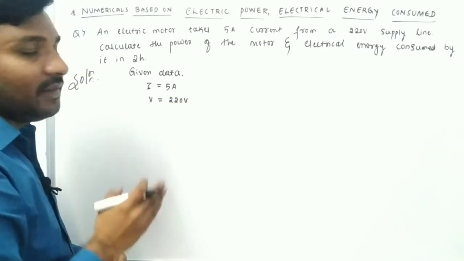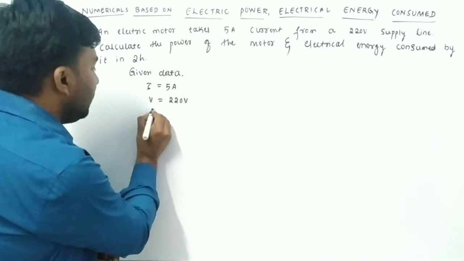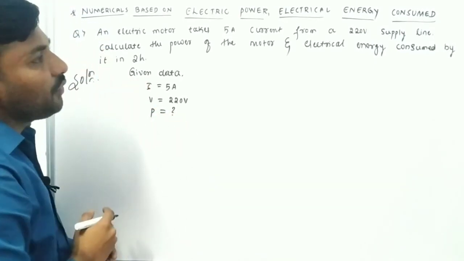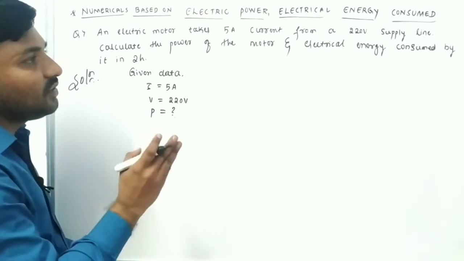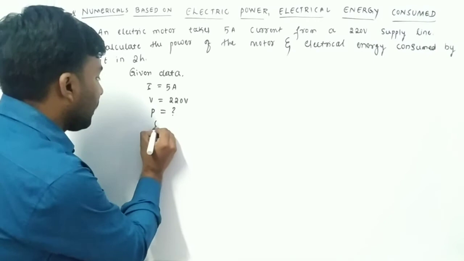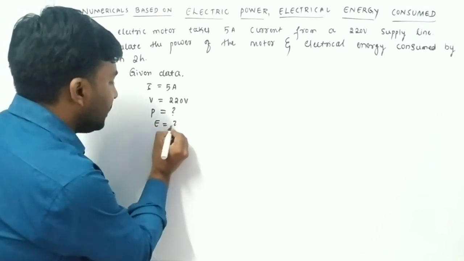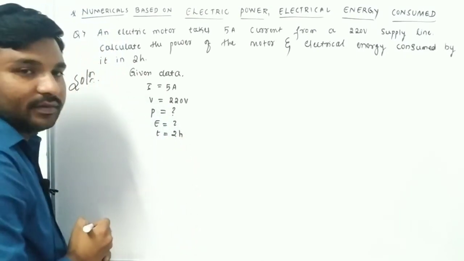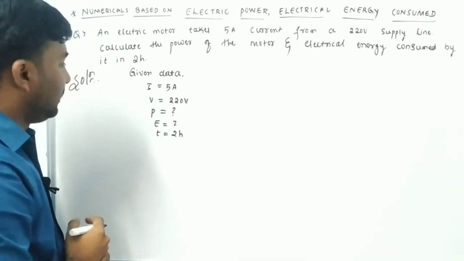We have to calculate the power of the motor, P equal to question mark, and also the energy consumed by the electric motor in 2 hours. E is equal to question mark and T is equal to 2 hours. So this is the given data.